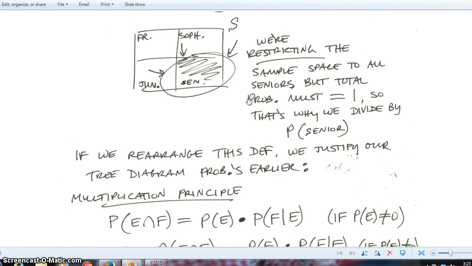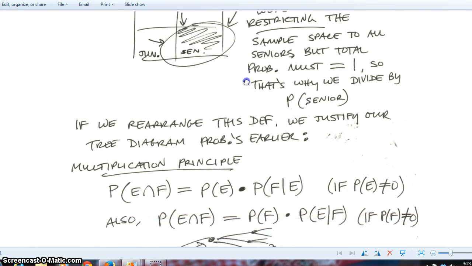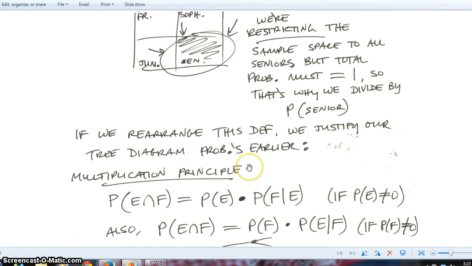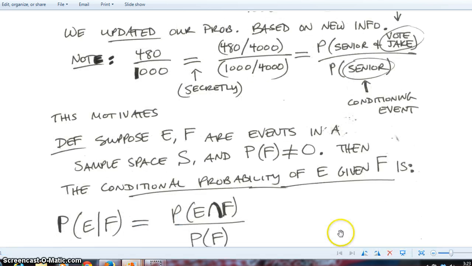Okay, let's look at the definition of conditional probability. If you rearrange the factors in the definition a little bit, you get something kind of interesting. We get something called the multiplication principle. So, if the probability of F is not 0, let me bring the definition up here.